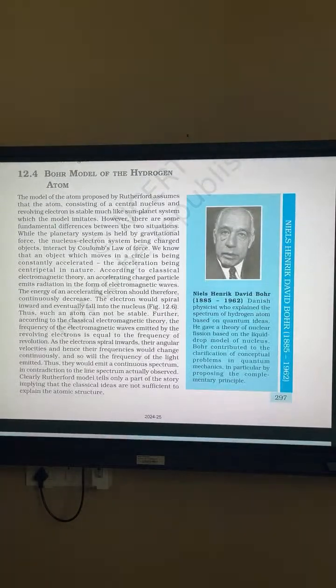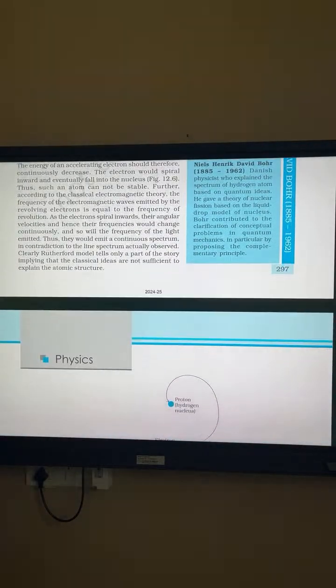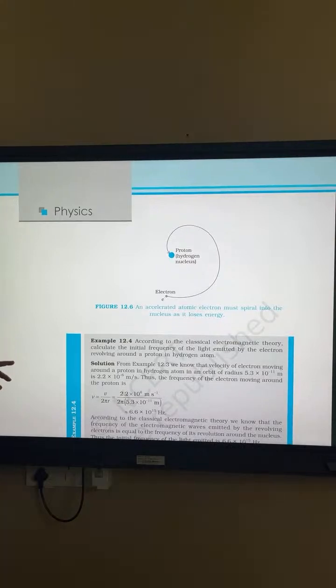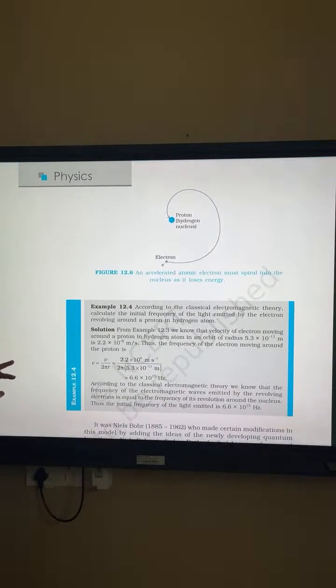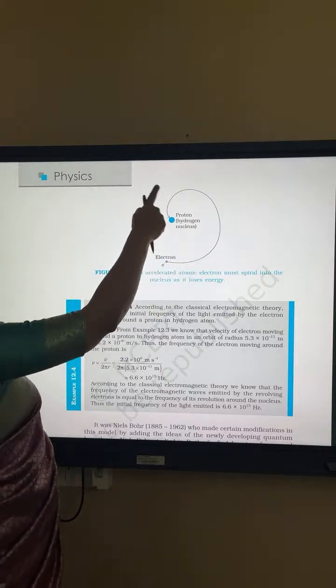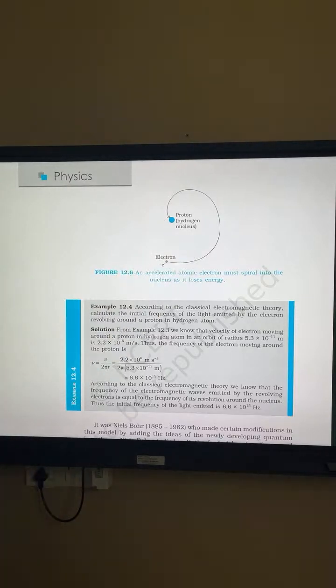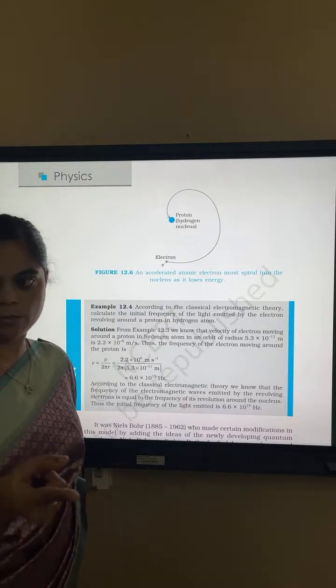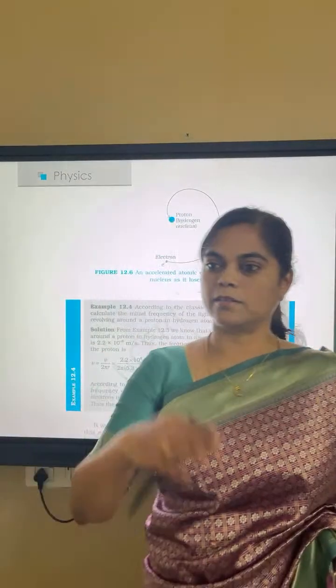Then Bohr's model of the hydrogen atom is discussed here. This is an accelerated atomic electron, a spiraling electron, recoiling of electron. If the electron loses its energy, definitely it would fall into the nucleus. This theory I have explained in some other video, with very good explanations.